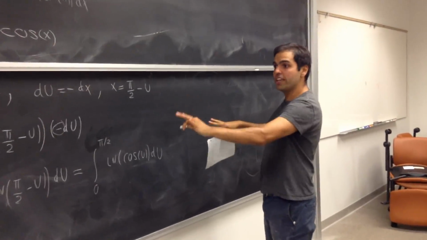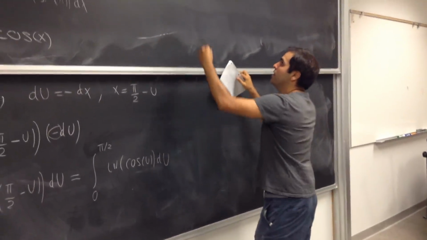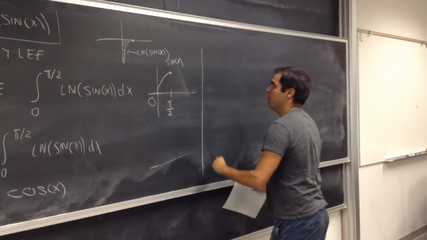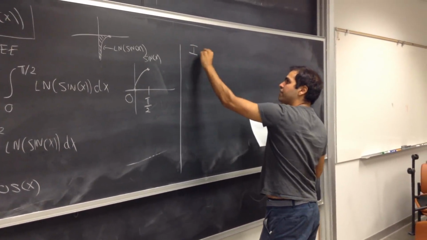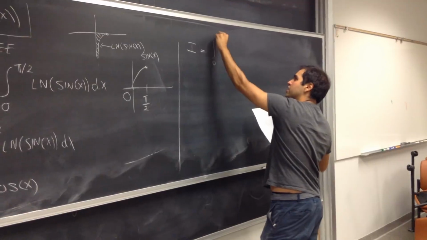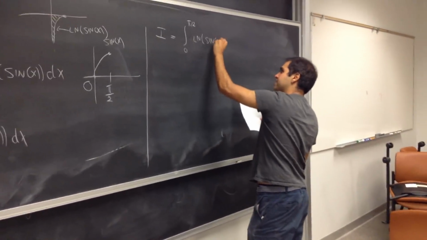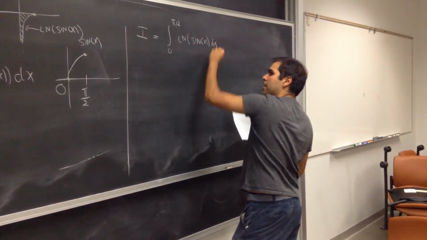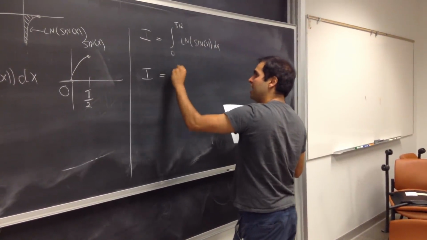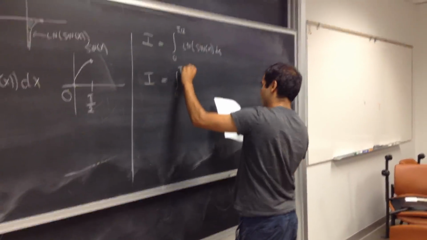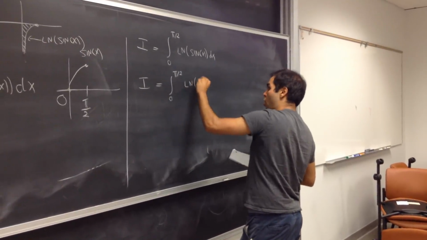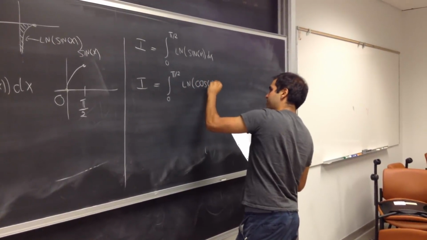And let's see how we can put this to our advantage. Because what do we have? On the one hand, I equals the integral from 0 to pi over 2 of ln of sine of x dx. On the other hand, I is the integral from 0 to pi over 2 of ln of cosine of x dx.